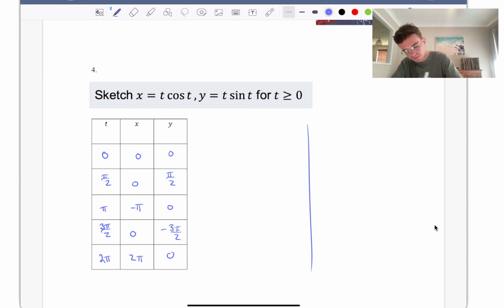Okay, we'll draw a plane. So I might go pi on 2, pi, 3 pi on 2, 2 pi, and I'm going to do that the same.